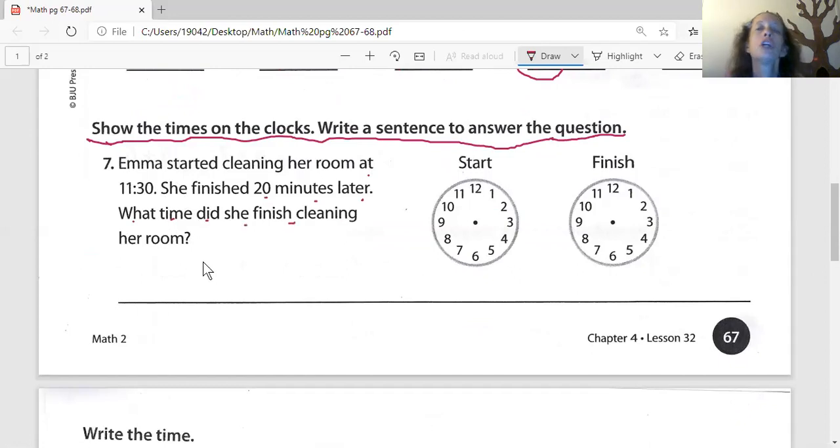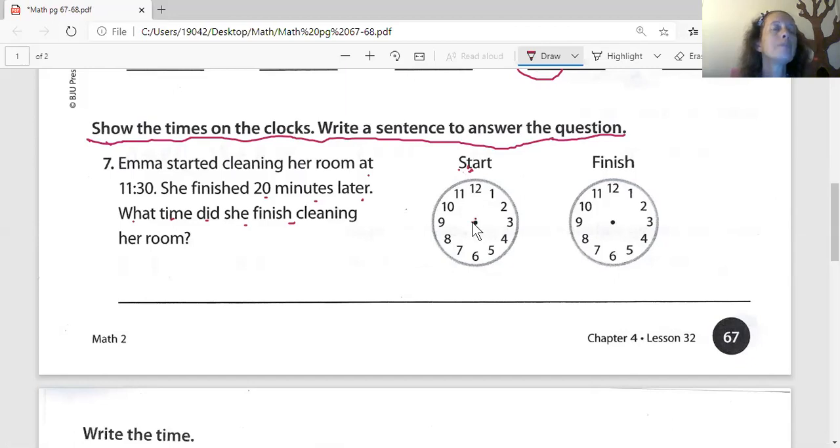All right. So the first thing I do is I need to put a time on this clock. What time goes on this clock, Brianna? On my first clock? 11:30.